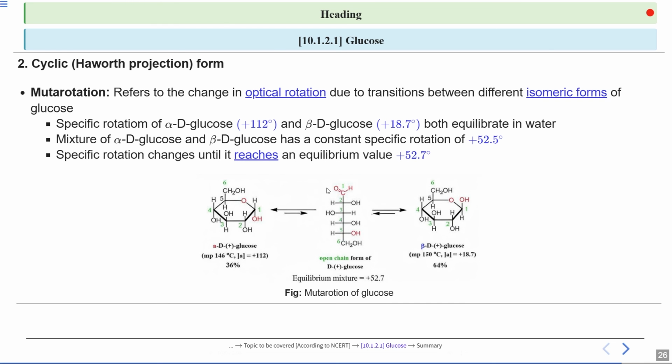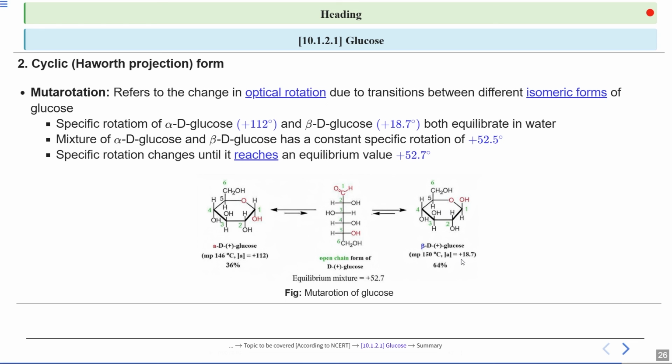If you look, this is the open chain of glucose, and it is interconverting in the solution, forming alpha D-glucose and beta D-glucose. Alpha D-glucose has a specific rotation of plus 112 and beta D-glucose has a specific rotation of plus 18.7.